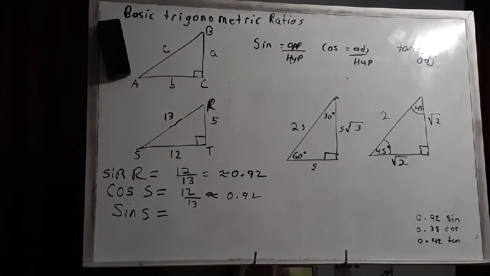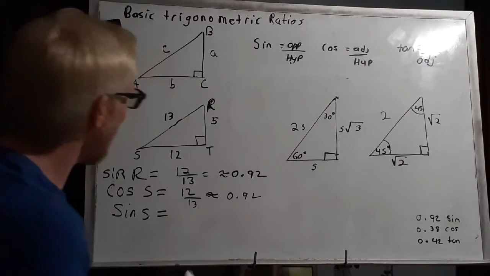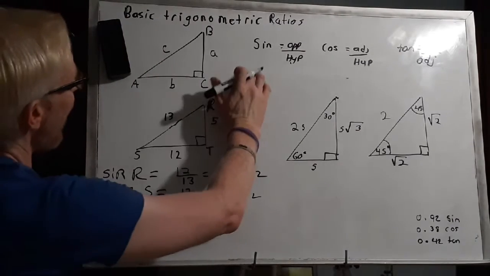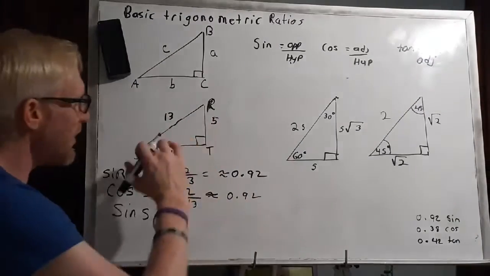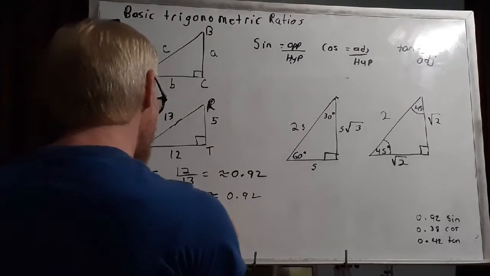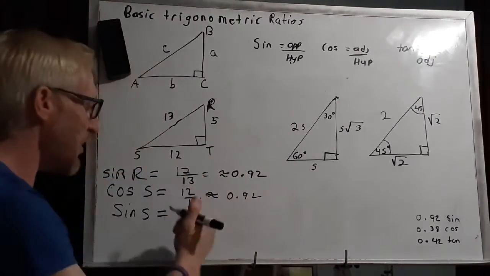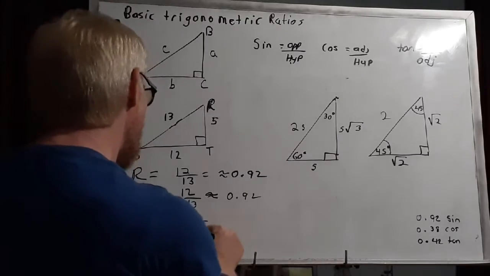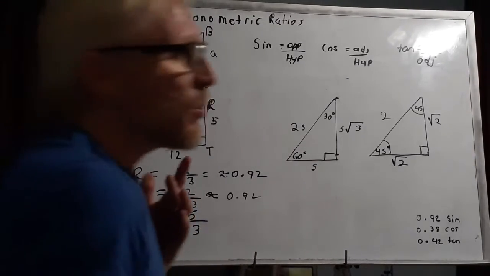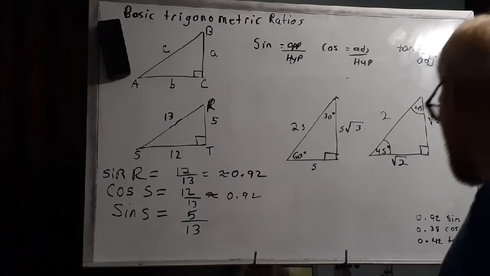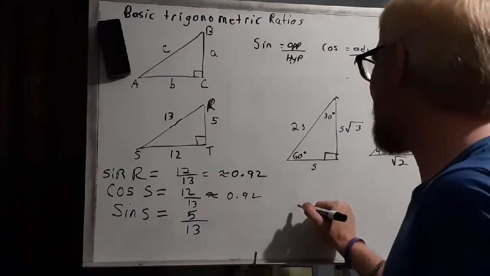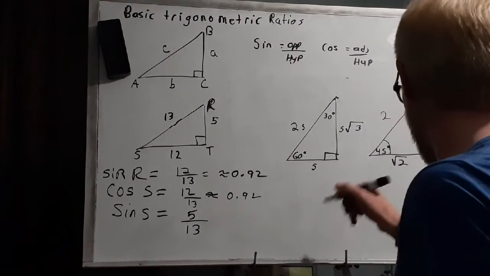Now let's look for the sine of S. Remember sine, opposite over hypotenuse. The farthest number from S is 5, and the hypotenuse is 13. So we divide that if you want to use a calculator, and if I'm not mistaken, this is approximately 0.42.